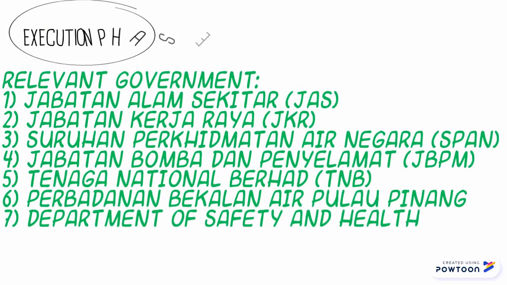The relevant governments related to the execution phase are Jabatan Alam Sekitar, JAS, Jabatan Kerja Raya, JKR, Suruhanjaya Perkhidmatan Air Negara, SPAN, Jabatan Bomba dan Penyelamat Malaysia, JBPM, Tenaga Nasional Berhad, TNB, Perbadanan Bekalan Air Pulau Pinang, the Water Authority, and finally the Department of Safety and Health.